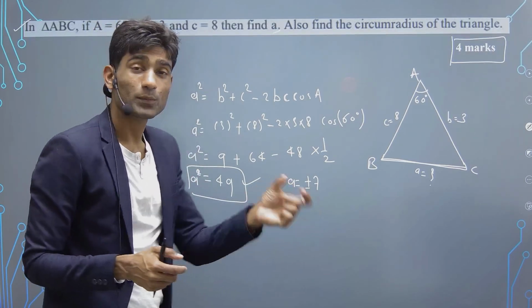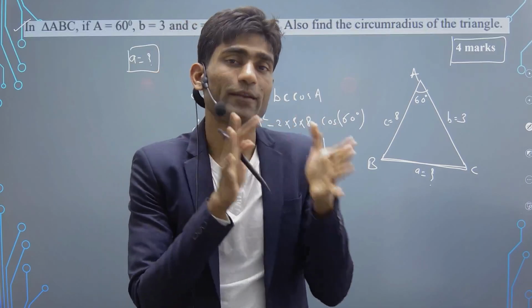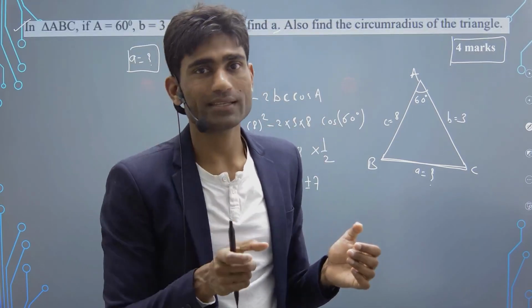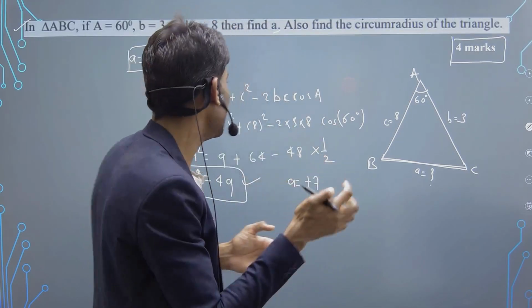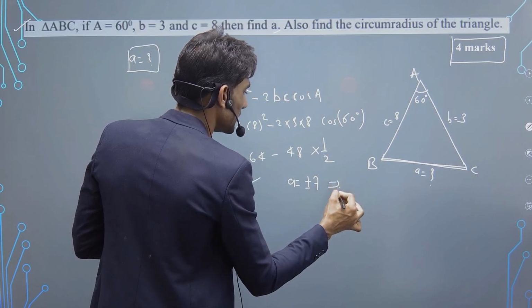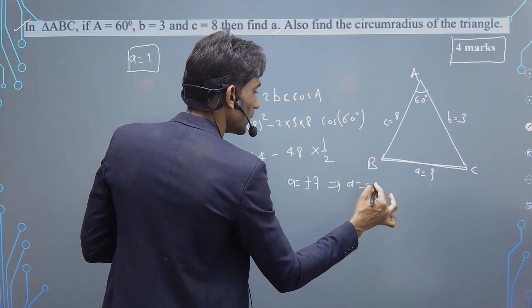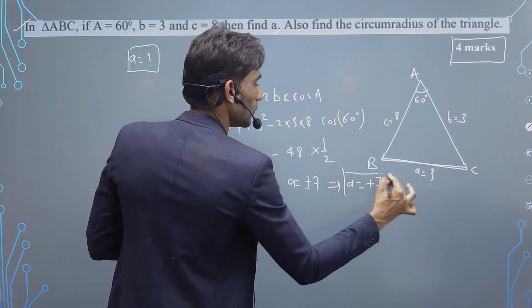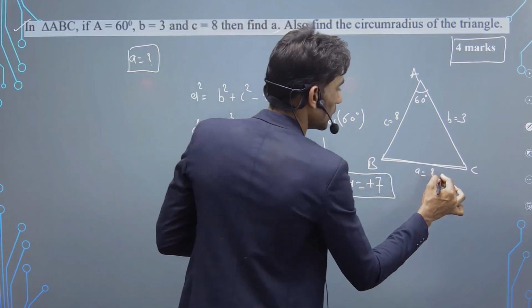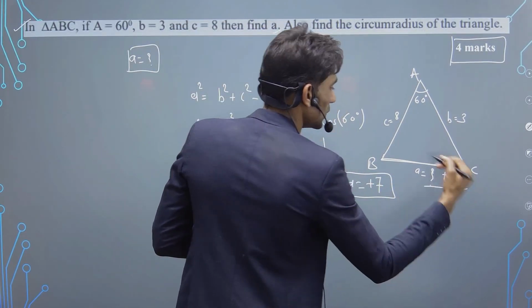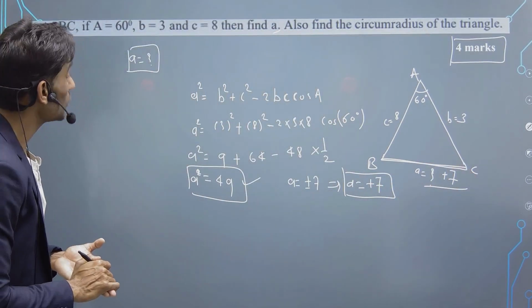But as small a is a side of our triangle, we always take a as positive, because distance is never negative. So we got the value of a equal to 7.